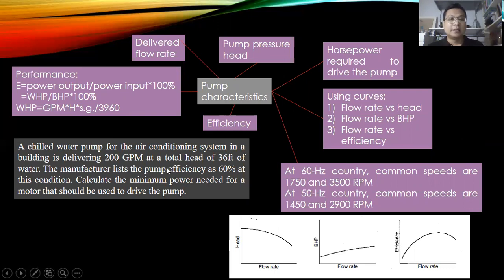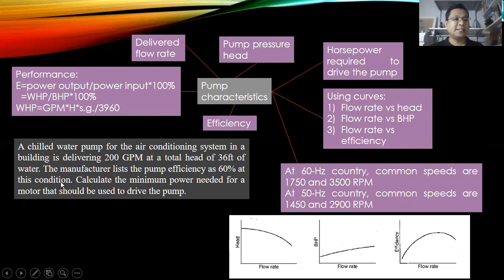Okay, we can see one example here, chilled water. This example shows how to implement this formula. A chilled water pump for the air conditioning system in a building is delivering 200 gallons per minute at a total head of 36 feet of water.